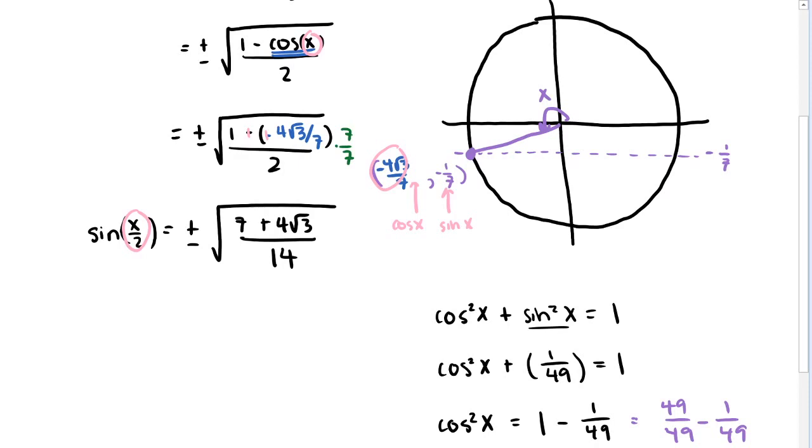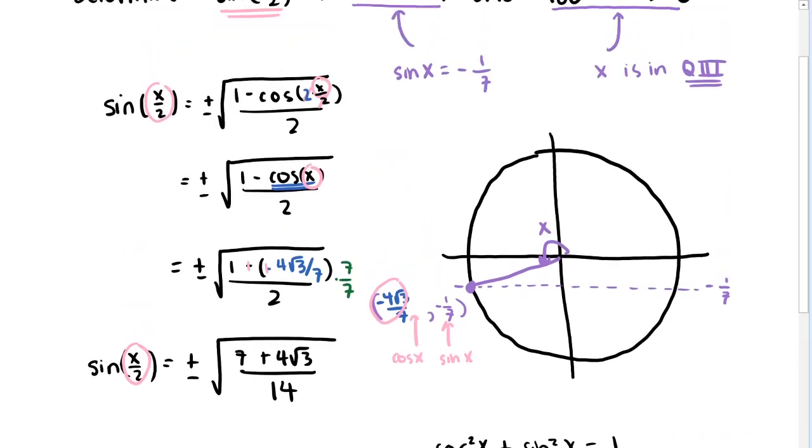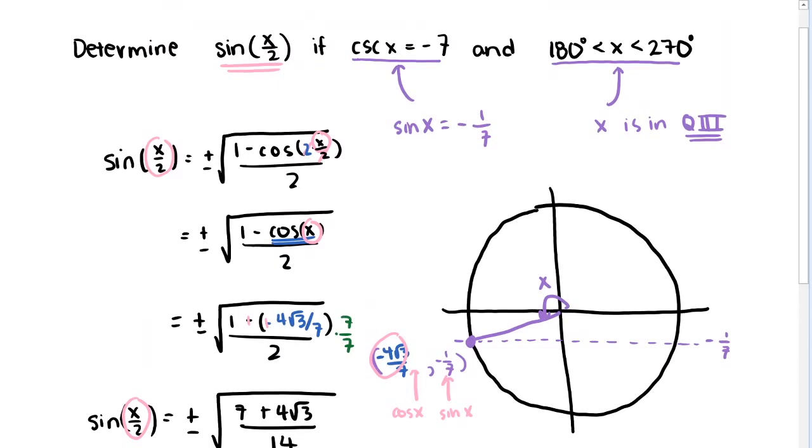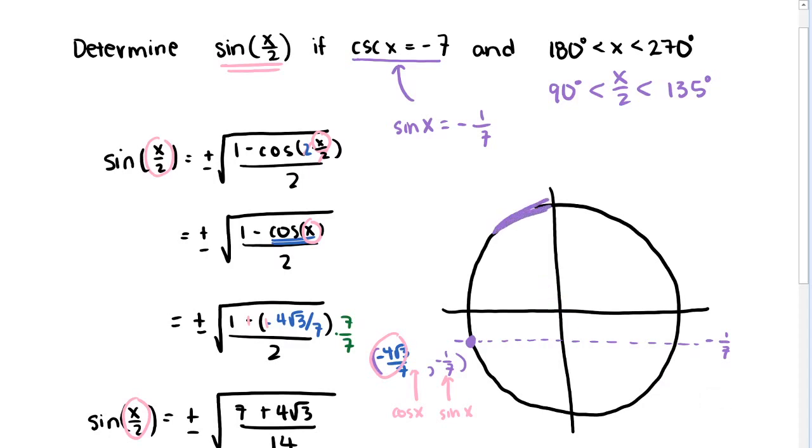So because x is in quadrant 3, it's between 180 degrees and 270. Well, that's telling us that x over 2 is going to be between 90 degrees and 135 degrees. In other words, this angle x over 2 that we're really trying to evaluate sine for, right, it's in this interval here.